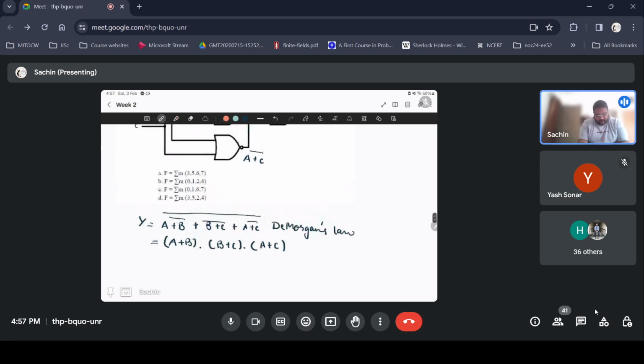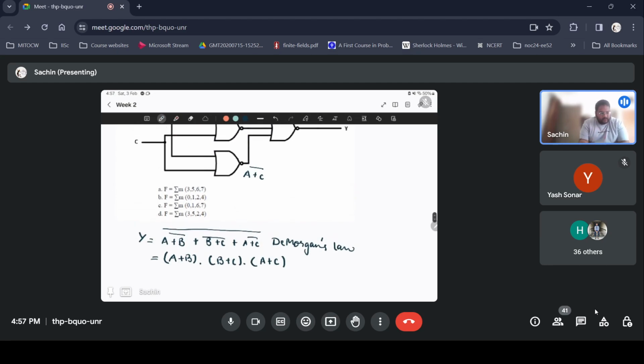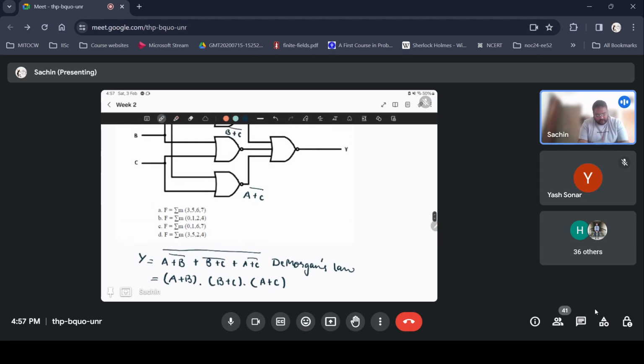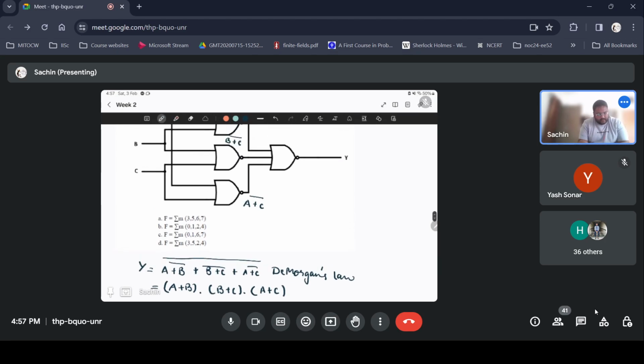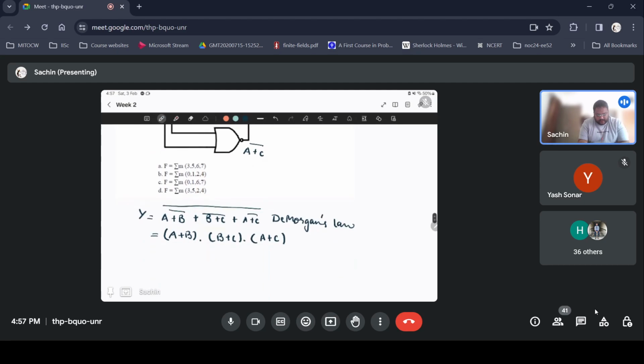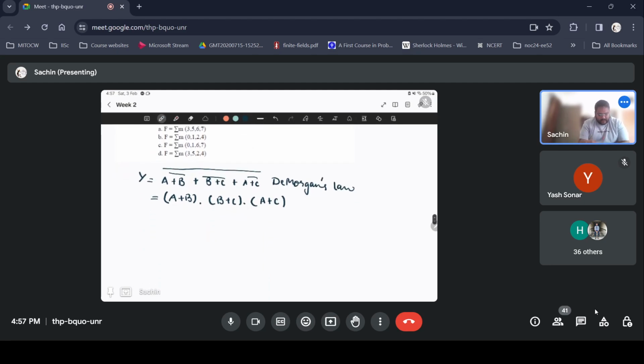But this is kind of similar to a product of sums form, so you have to convert it into a sum of products form. There are two ways we can go about this. I'll write out both ways. First way is you try to convert it into a canonical product of sums form initially.